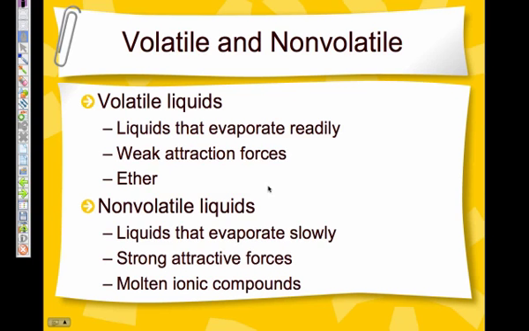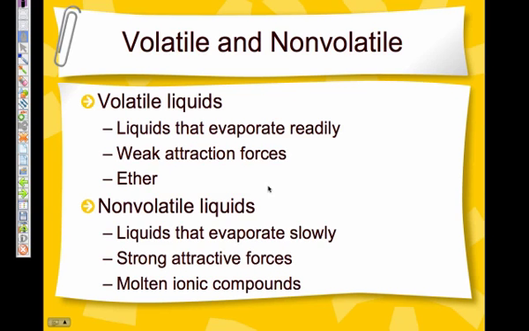It's kind of in the middle, but alcohol, like rubbing alcohol, evaporates really fast, which is why when you put it on your skin, it feels really cold, because it's evaporating so fast. It's taking energy from your skin. So rubbing alcohol is a very volatile liquid. Water is kind of in between, because it does evaporate just by sitting out, but it's not nearly as fast.